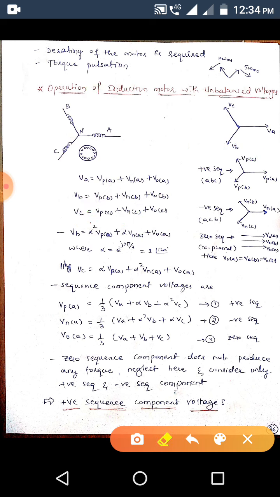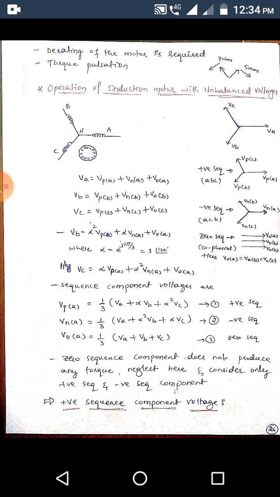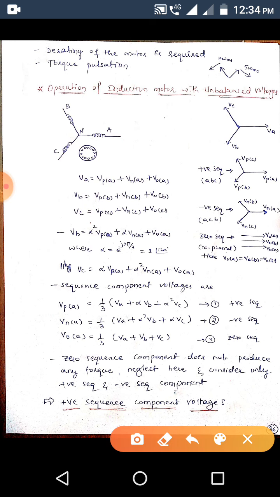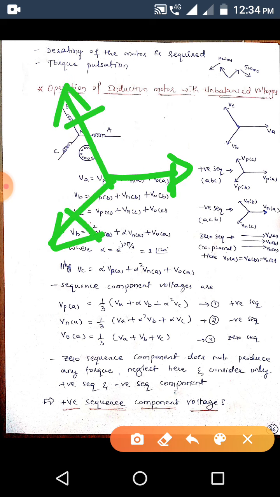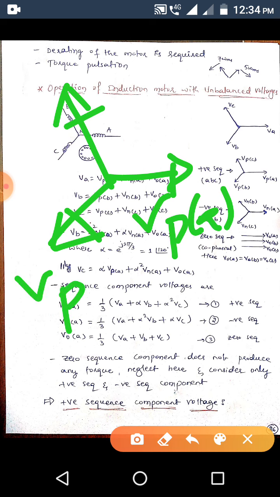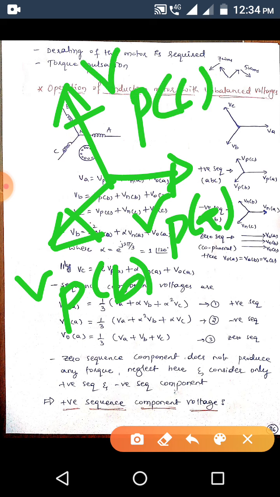Here I am going to consider the positive sequence first: VPA, the positive sequence of phase A voltage, the positive sequence of phase B voltage, and the positive sequence of phase C voltage.